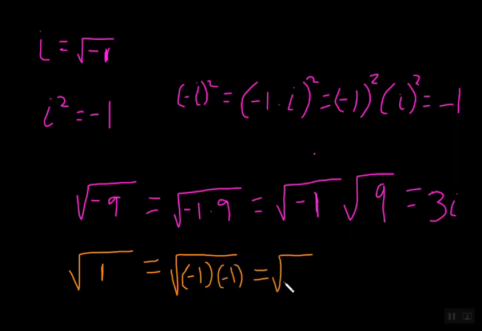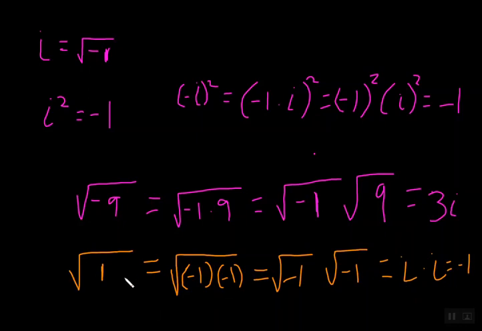They'll expand this out, the square root of -1 times the square root of -1, and take this to be i times i, which will give us -1. This answer is clearly not correct, and there is an element of truth to it, which is that (-1) squared is going to give us 1.